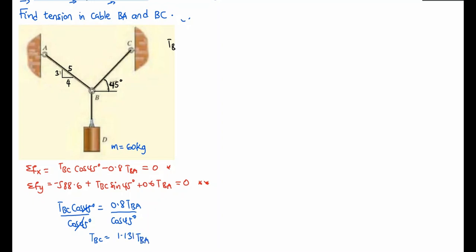So you're going to substitute this into the second equation. So you're going to have minus 588.6 plus TBC, which is now 1.131 TBA, multiplying sine of 45 degrees, plus 0.6 TBA, and then this will be equal to 0.